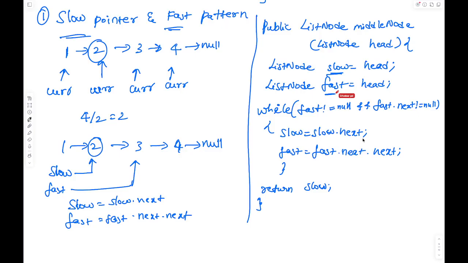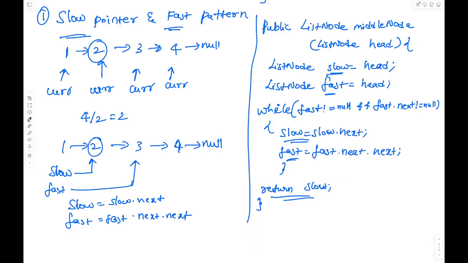We will check while fast is not equal to null and fast dot next is not equal to null. We will move the slow pointer one step ahead and the fast pointer 2 steps ahead. So by the end, slow will be at the middle of the linked list. This is one of the easiest and most frequently asked linked list questions.